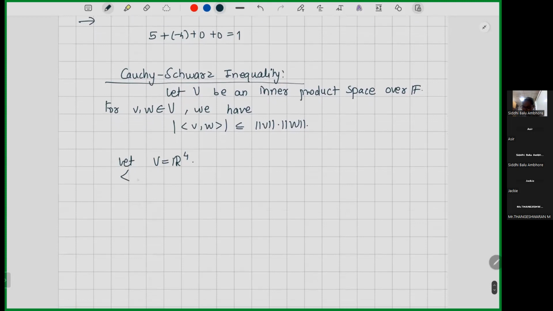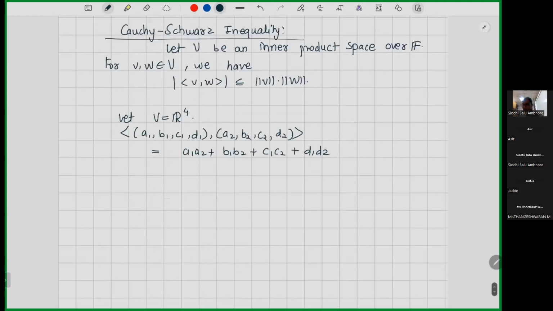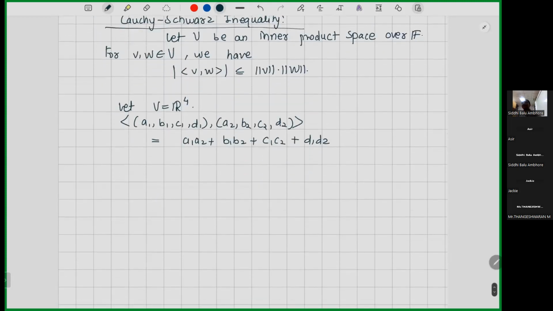And we know the basic inner product of A1, B1, C1, D1 comma A2, B2, C2, D2 is equal to A1 A2 plus B1 B2 plus C1 C2 plus D1 D2. This is like the usual inner product on Rn, which I am defining. Is there any doubt that this is an inner product? No, right? I assume there is no doubt for now. So this is an inner product.